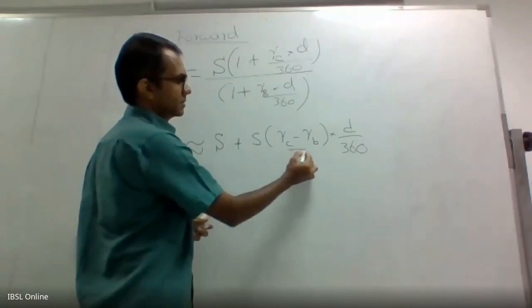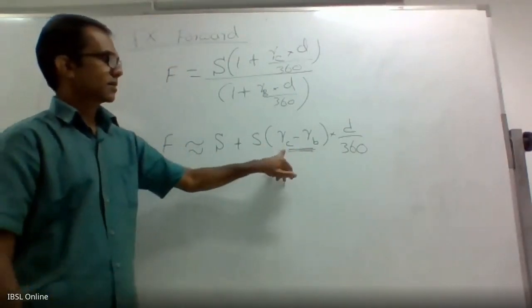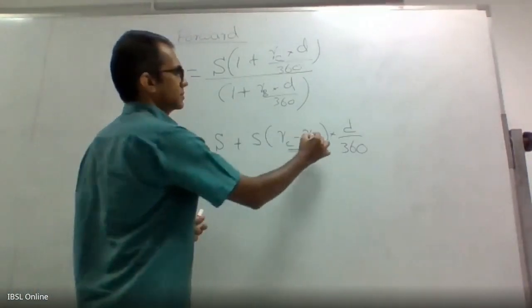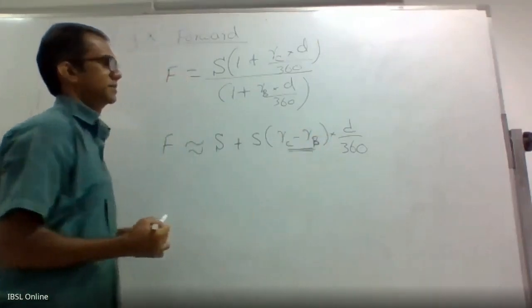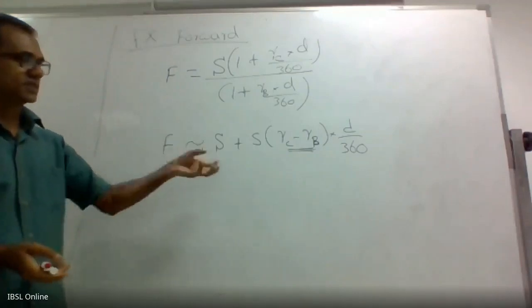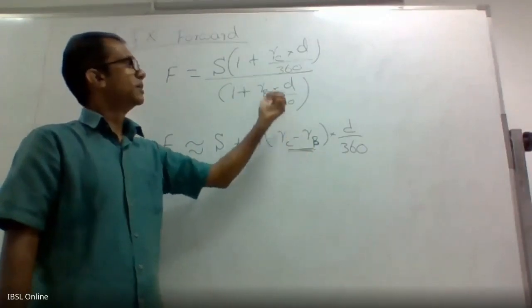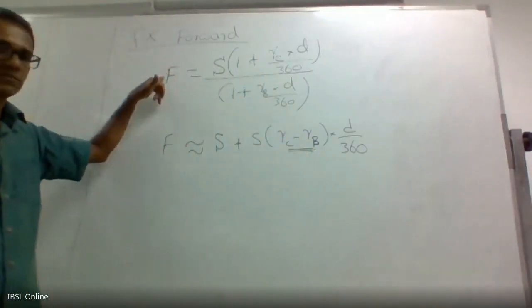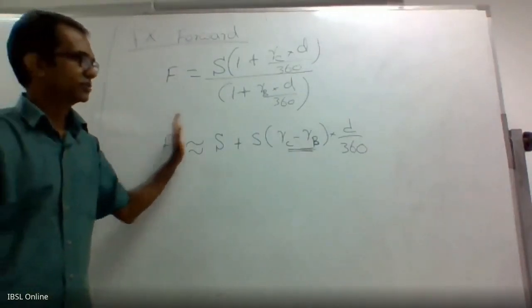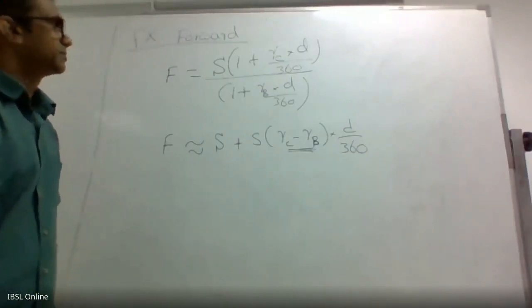This is just the interest rate differential between the counter currency interest rate and the base currency interest rate. So this is only an approximation. But when the interest rates are very low, very close, this difference will be very small between the answer you get from this equation and this. So you can use this one as well. This is easy to do.